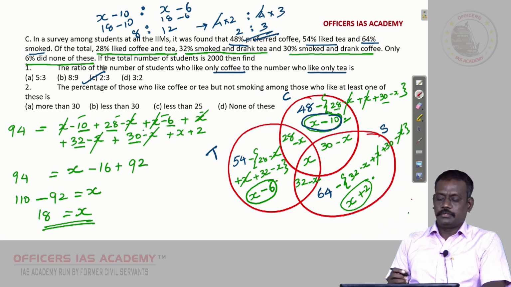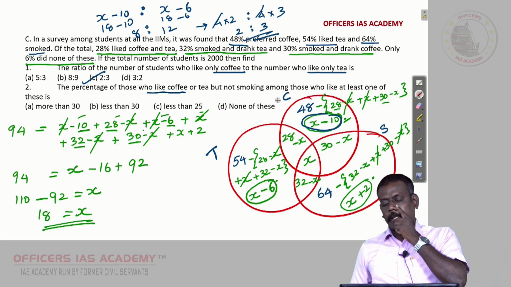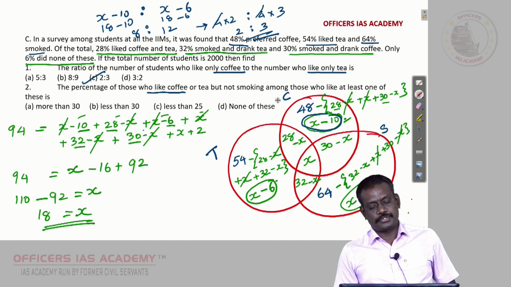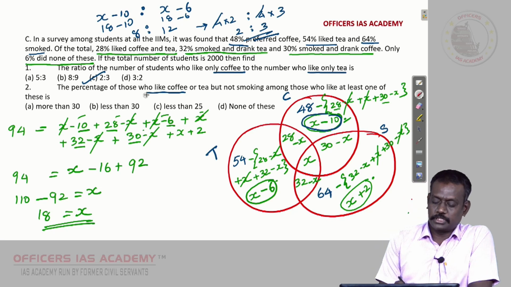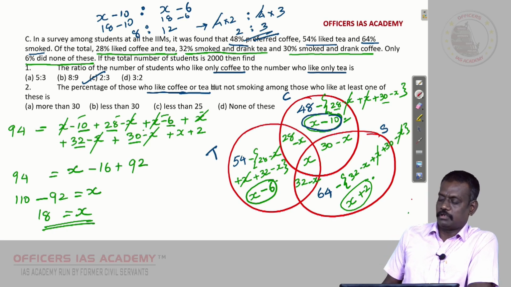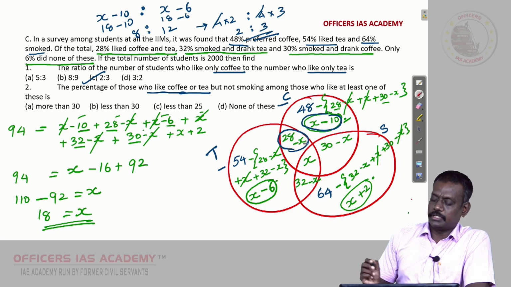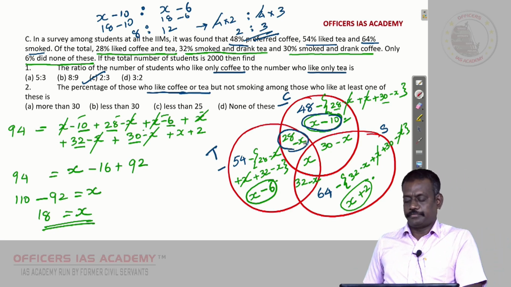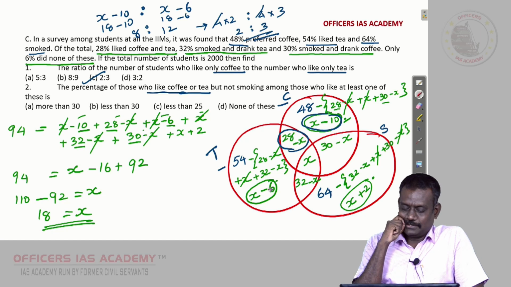And next, the percentage of those who like coffee or tea but not smoking among those who like at least one of them. Understood, children? So it is the percentage of those who like coffee or tea but not smoking.